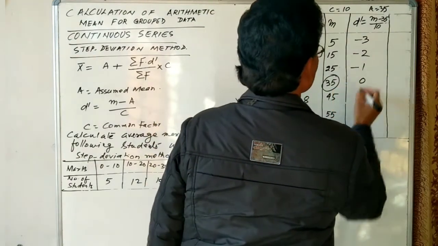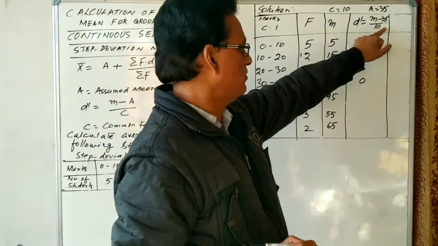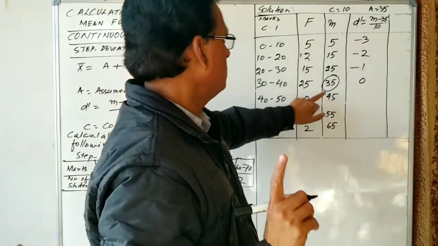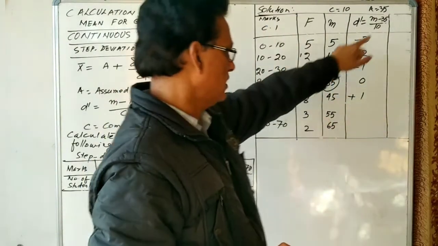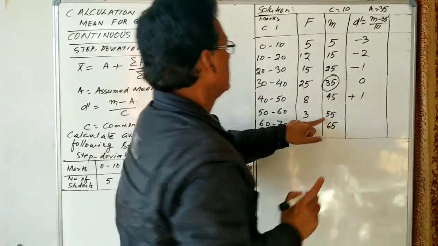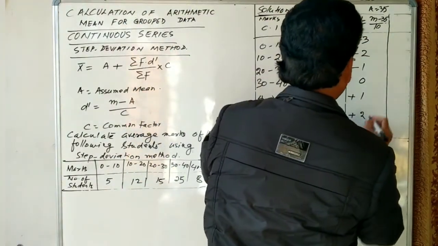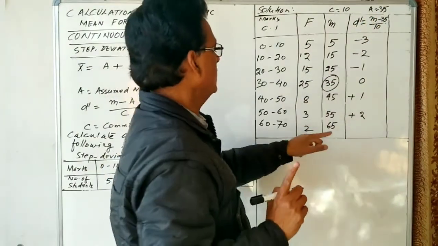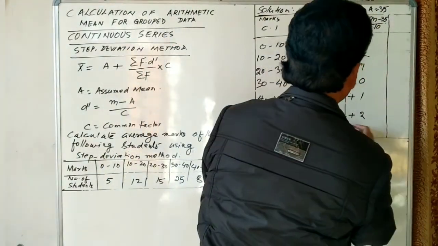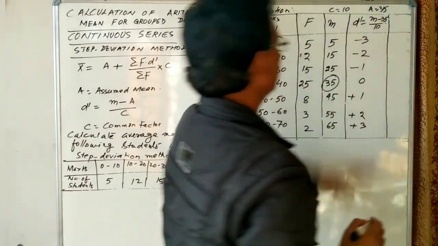Here it will be 0. 45 minus 35, 10 divided by 10, it will be plus 1. 55 minus 35, 20 divided by 10, it will be 2. 65 minus 35, it is 30, 30 divided by 10, it will be 3. So we have calculated this.